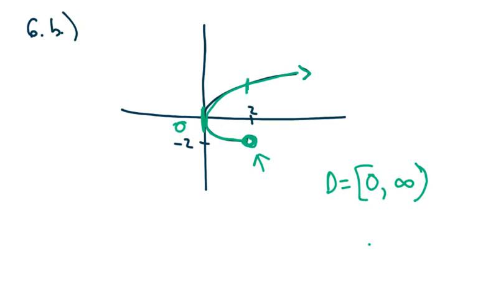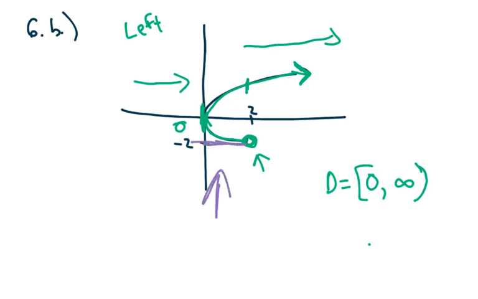Okay? So what you want to do when you do domain and range is always start from the furthest left and just move your way forward to the right until you find a point that exists. And then just keep moving your way forward until you see where it ends. In this case, because it is an arrow, it keeps going. The range starts at -2, so I start at the lowest value, and I work my way up.